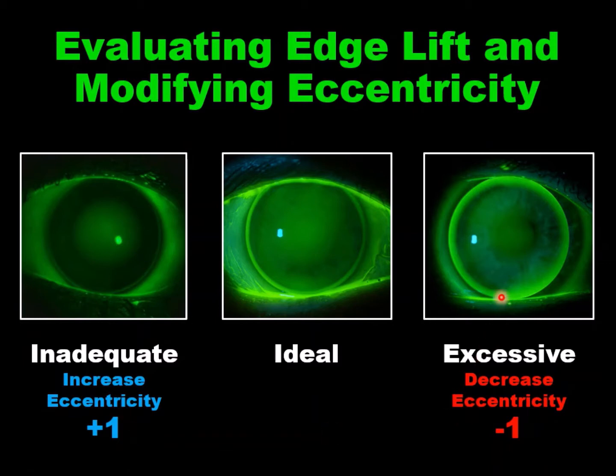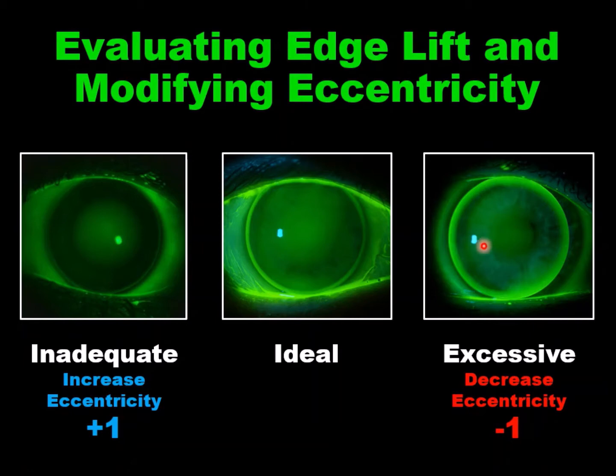Conversely, if we have excessive edge lift, wider than that 0.5 millimeters that we're targeting, if the lens is moving around radically, if the patient's uncomfortable, then we know we need to decrease the edge lift. So here we have a lens that has the appropriate apical clearance, but we simply have too high an eccentricity for this eye.